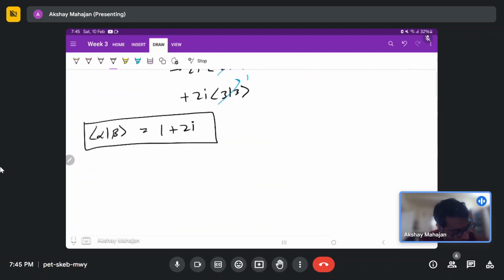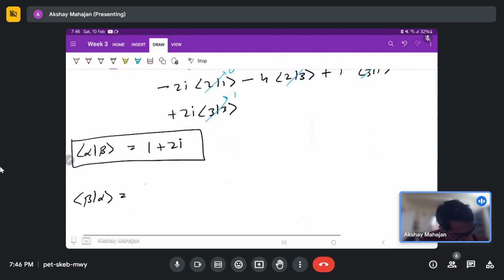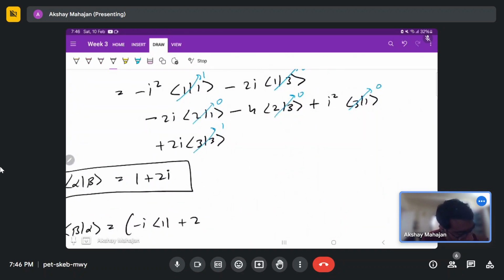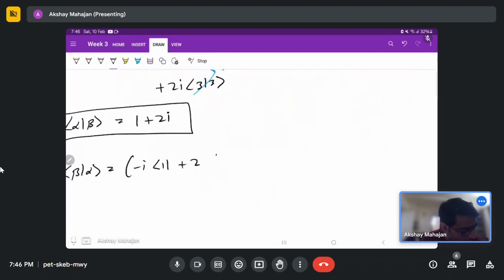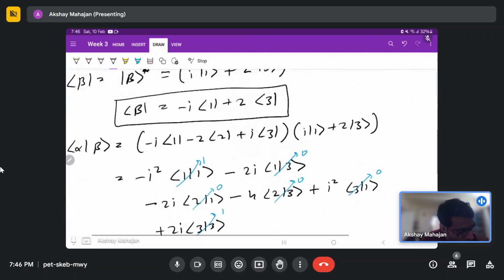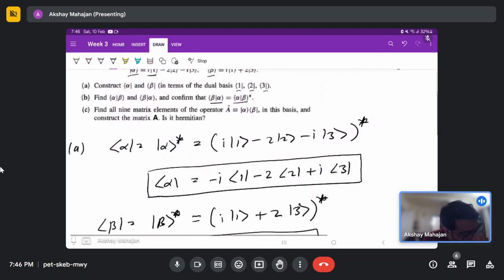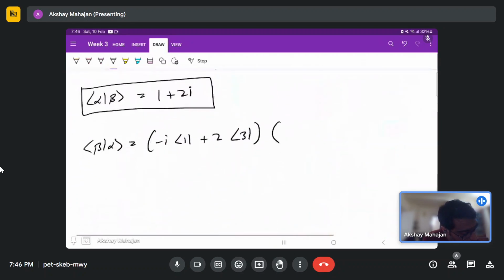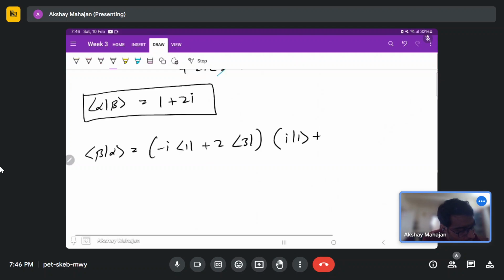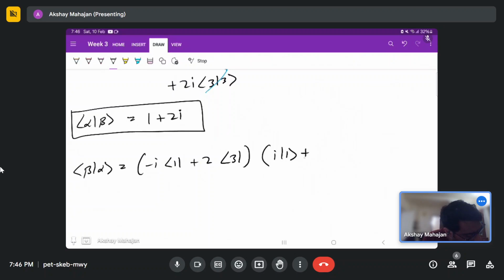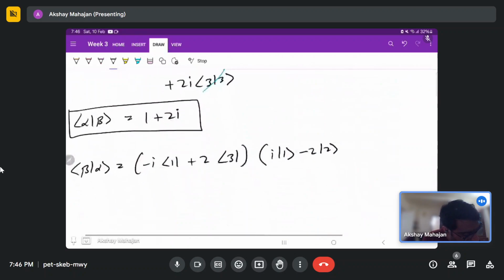Okay, now we have to find bra beta ket alpha. Now bra beta we have found as minus iota bra of 1 plus 2 times bra of 3, and ket of alpha is given to us as iota times ket of 1 minus 2 times ket of 2 minus iota times ket of 3.